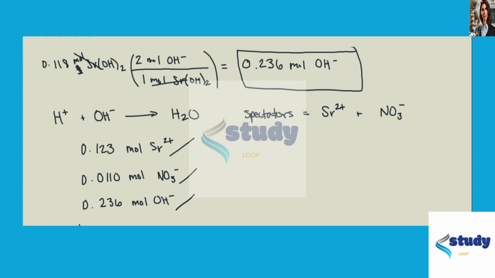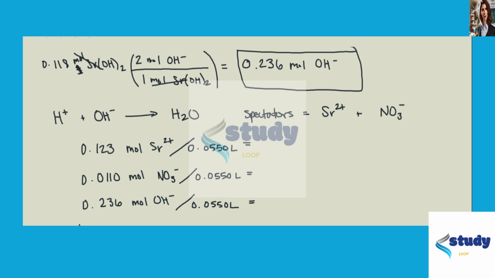So we move the decimal point over 3 times, and we get 0.0550 liters. We're going to divide each of these number of moles by the volume, and that is going to give us our concentrations.